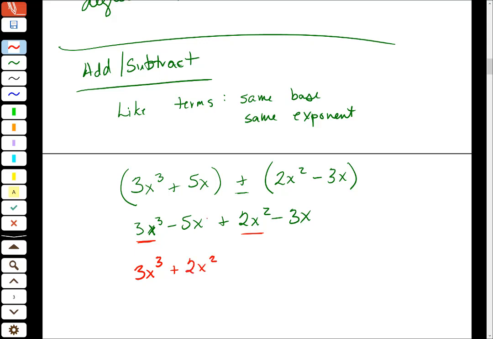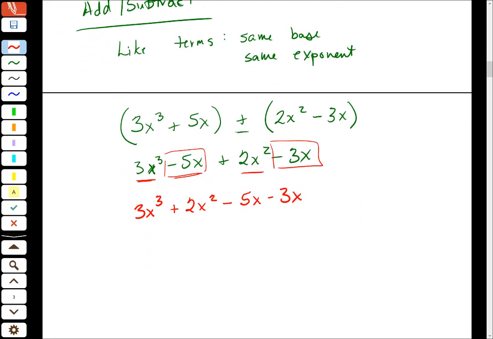Now here, this negative 5x right here and this negative 3x are alike. They have the same base and they both have degree 1. So I can add those together. So I'm going to put them together right here just to talk about that. Then when I add those together, I really just do the operation with these coefficients.